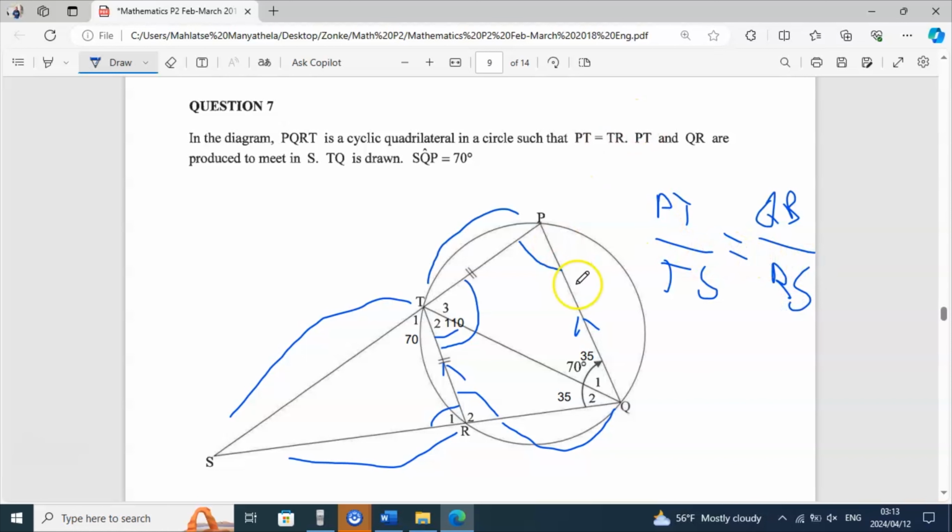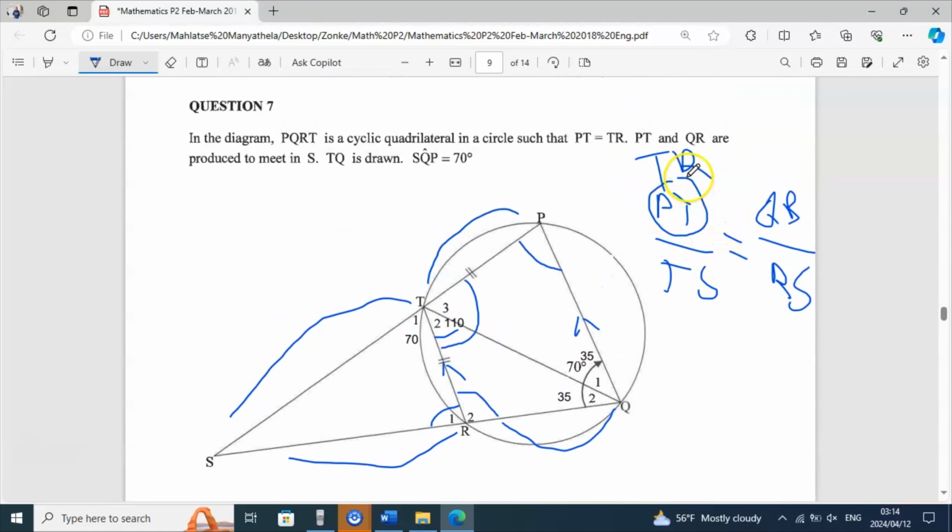Prop theorem. But do not forget that TR is equal to PT, meaning that you can replace PT by TR. Then you're done.